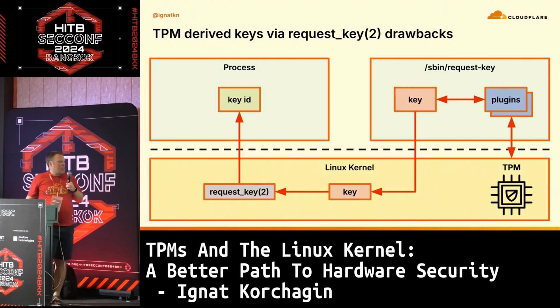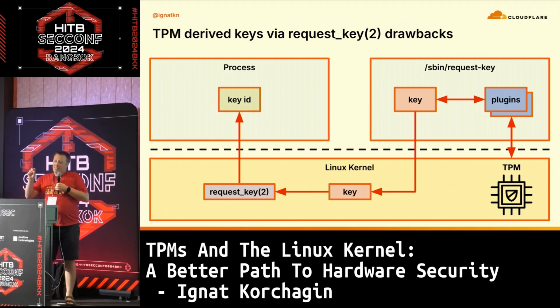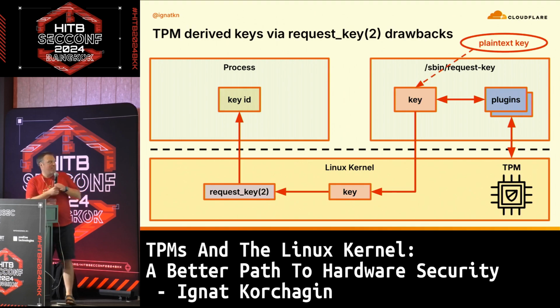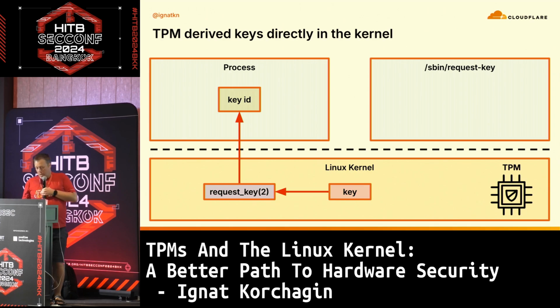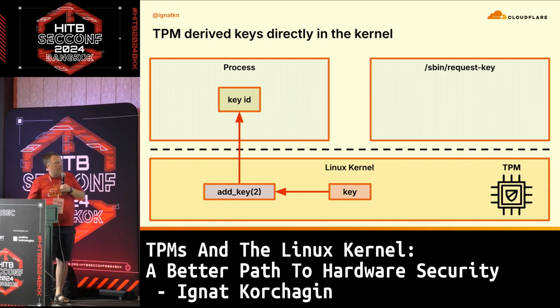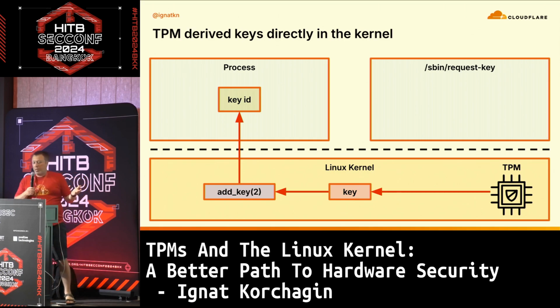Yeah, and as I mentioned, the only drawback of that approach, even if it's a slight drawback, is that I still have this plain text key in the user space, even though it's constrained to that particular process. What if we do it directly in the kernel? So this would be a better approach.